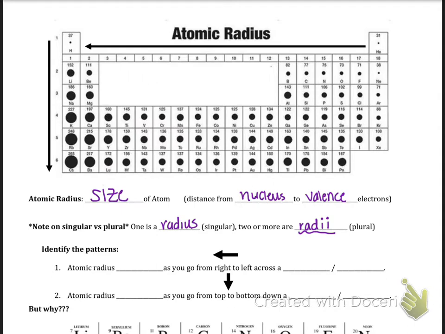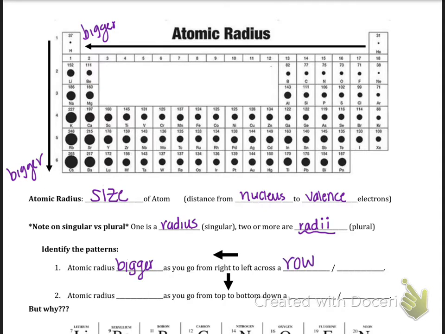If you notice the picture here, it gets bigger going to the left, and it gets bigger going down. So we're going to write this pattern right here. The atomic radius gets bigger as you go from right to left across a row.